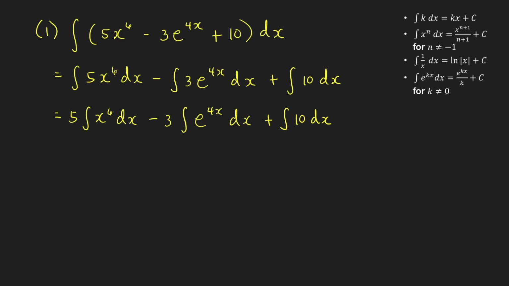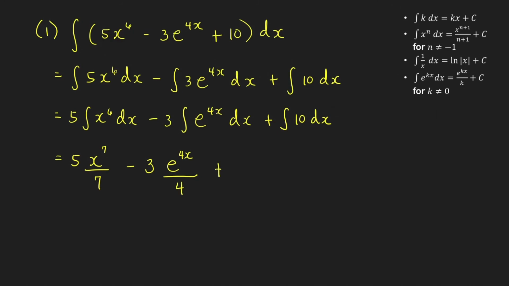Now we can apply the power rule for this integral, the exponential rule for this integral, and our constant rule to evaluate this integral. And we obtain 5 times x raised to, add 1 to the power, divided by the new power. And then minus 3 times the exponential rule: just copy the integrand, divided by k, the coefficient of x, which is equal to 4.